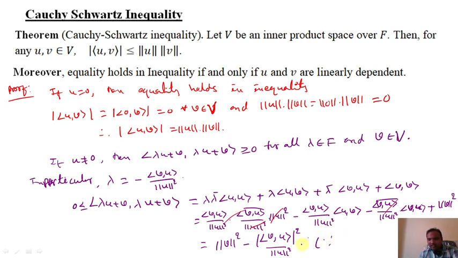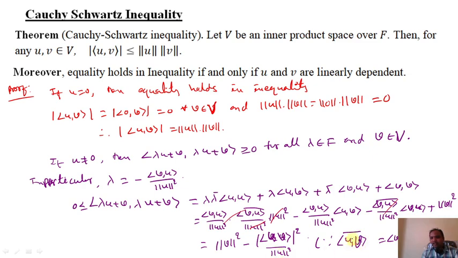Since ⟨u, v⟩ is the same as the conjugate of ⟨v, u⟩, ⟨v, u⟩ is ⟨u, v⟩ conjugate.